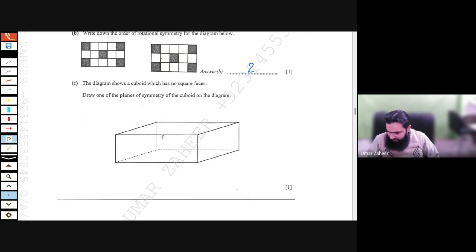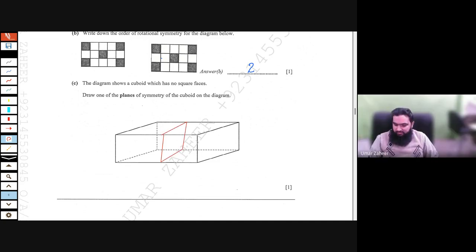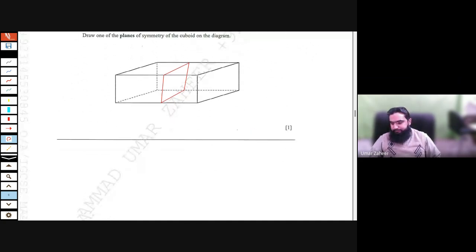So we can make it here, in the middle. We can make it this way as well, right? But that's okay. We just have to draw one of them.